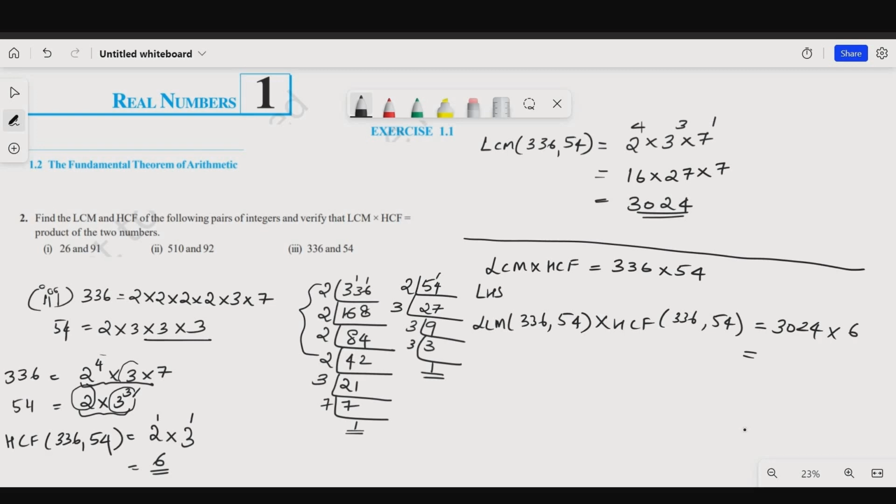So 6 4s are 24, 6 2s are 12, 13, 14, 14 carry 1, 6 3s are 18, 19... 18144. Now RHS is equal to 336 into 54. When we multiply 336 into 54, it gives you 18144. Therefore, we can say LHS equals RHS, that is LCM into HCF is equal to the product of the two numbers. Hence, verified.